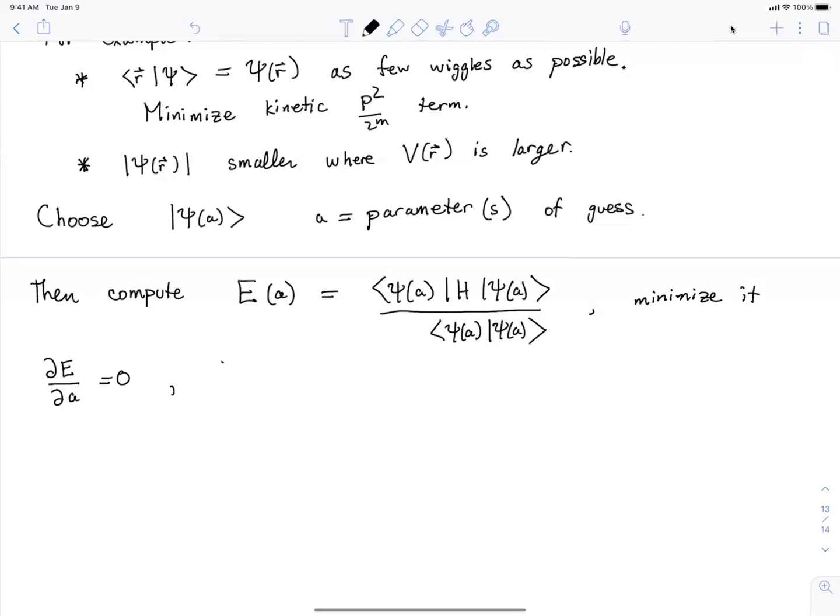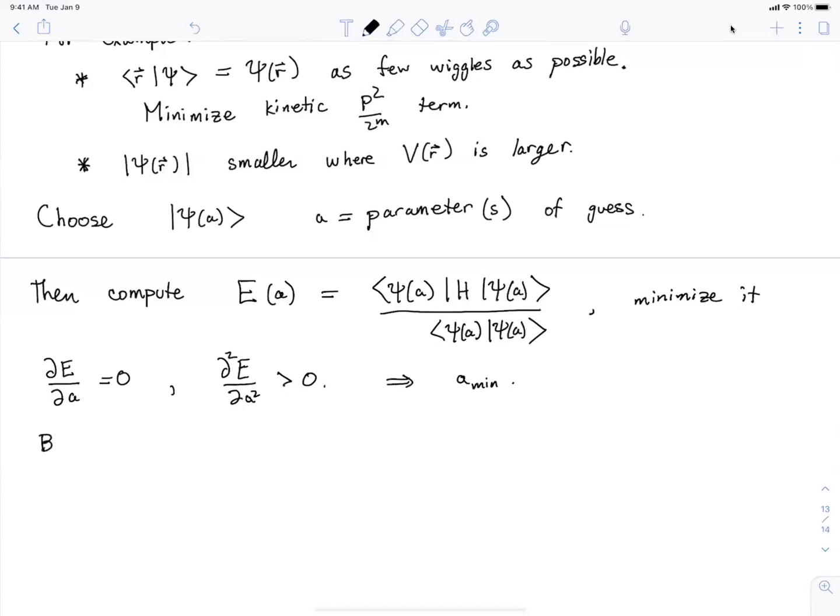And many times this is just automatic, it will turn out. But you want the second derivative of E with respect to your parameter to be positive. Okay, so those two things will tell you that you're near a minimum. And so if you solve those, then you will find the minimum, which we can call A min.